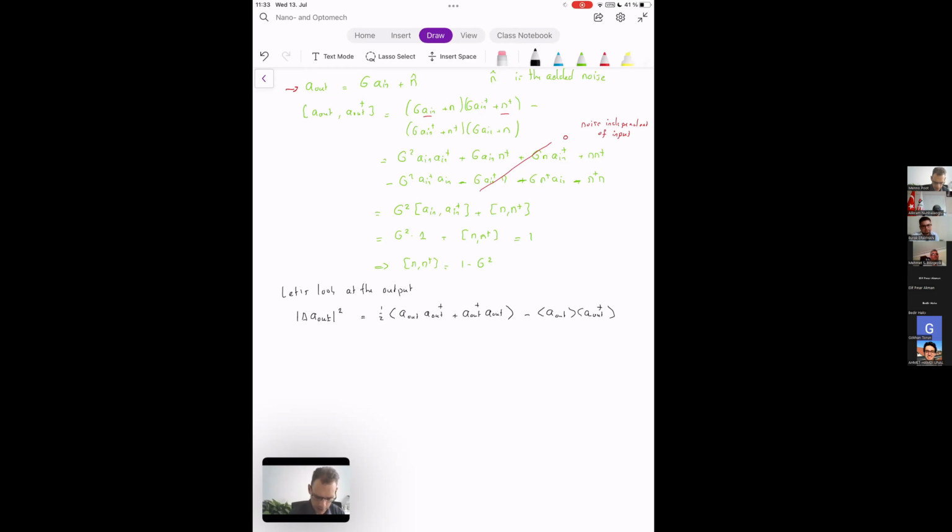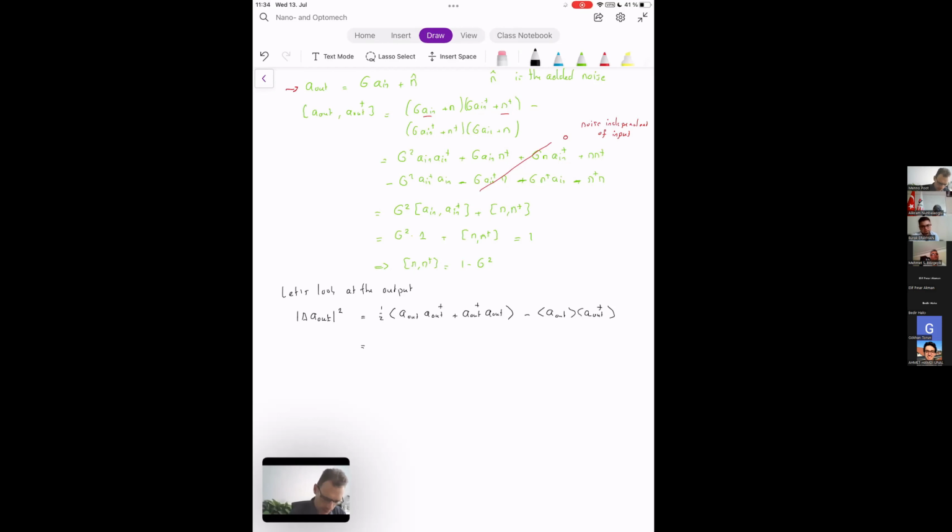The output contains the input, but also the noise. We have products. So we're going to get terms that contain the input squared, terms that contain the noise squared, and cross terms.